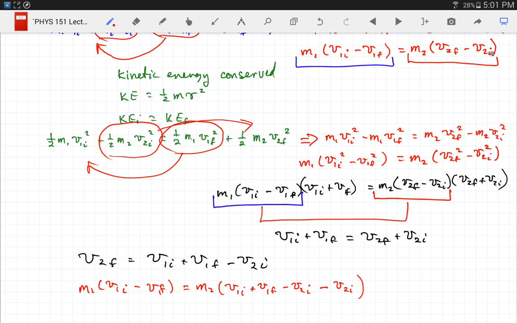This second V2 initial is the V2 initial that I had up here in the original equation. So those are the same V2 initials.